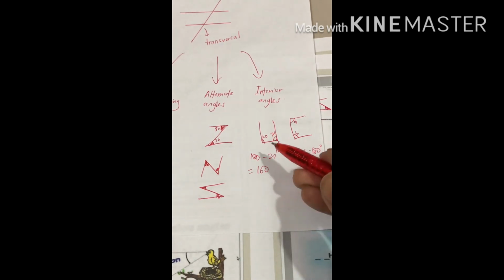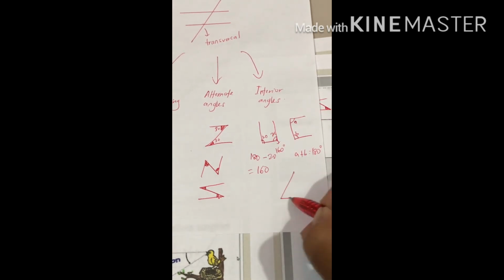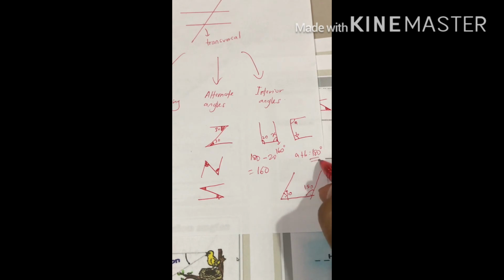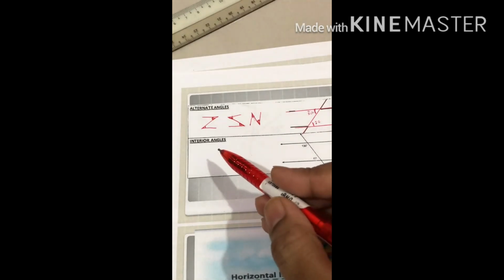The interior angle can look something like this. Can you see this U, right? So this angle plus this equals 180. Let's say here 30, so 180 minus 30 is 150. You add these two, you get 180, because these are interior angles. So you can see here interior angles.